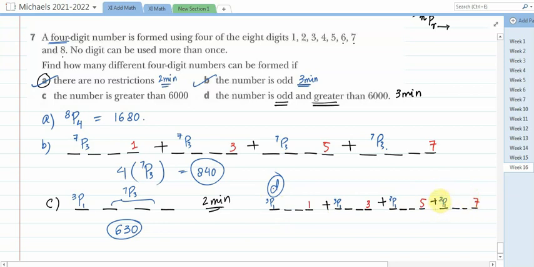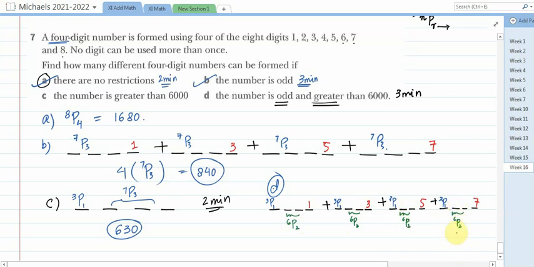Alright, and for the rest of the numbers, since we have picked two numbers out of 8, the leftover numbers are 6, so it's 6P2, 6P2, 6P2 and 6P2.